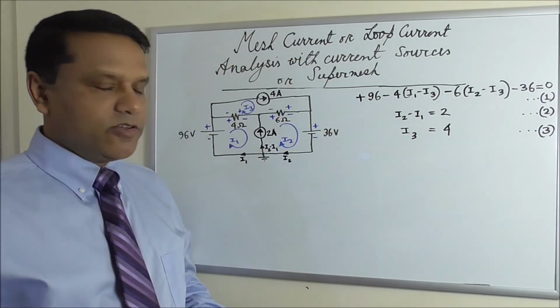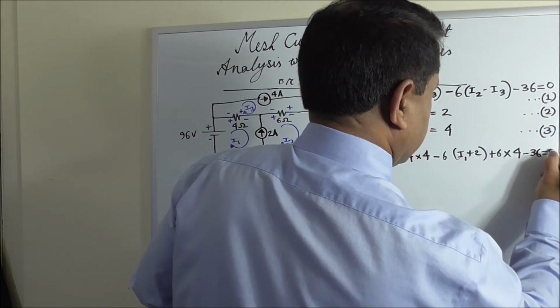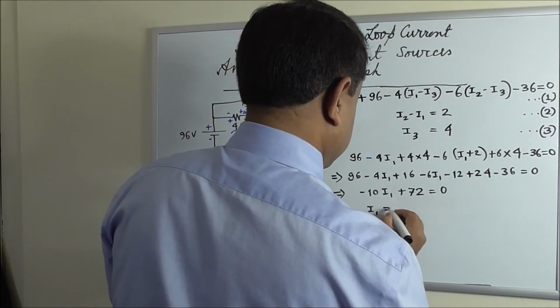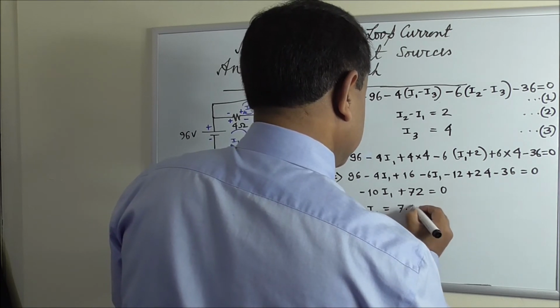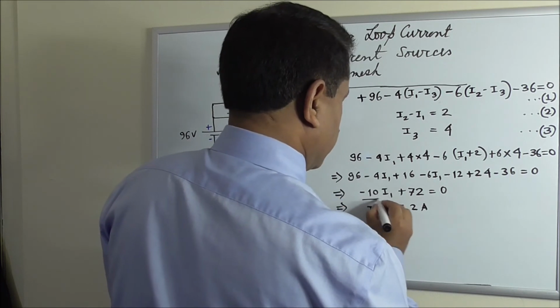So now we got 3 equations and we have 3 unknowns. We can easily solve it. So I1 is 7.2 ampere.